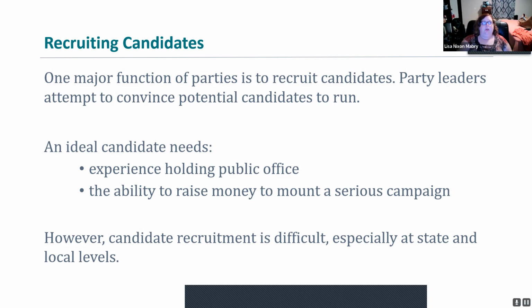Now generally what people do is they start out on a smaller scale, whether it be a city position or county or maybe even a state representative, because that's just over a district. It's not a whole statewide something, you're just over your little area. So a lot of people start out at those positions and then work their way up. Again, that's not always the case.